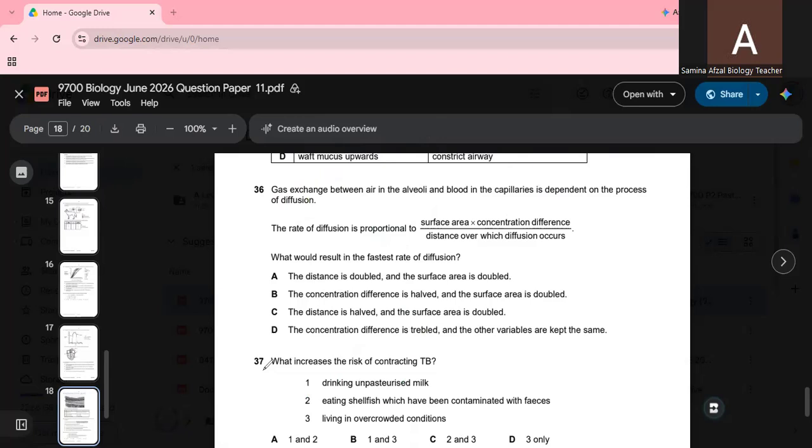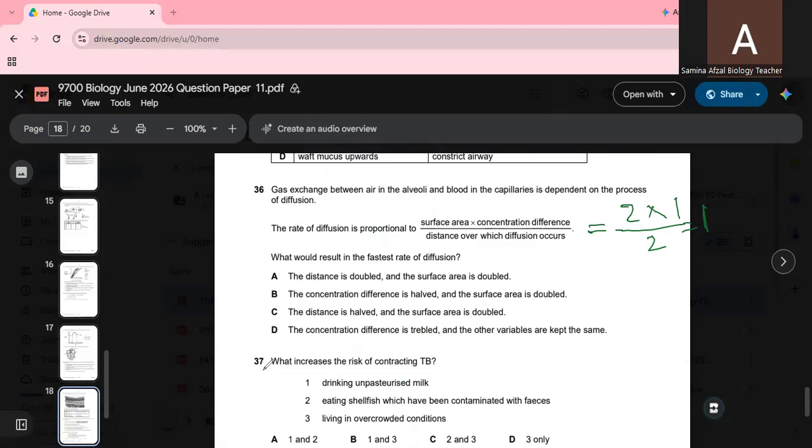What would result in the fastest rate of diffusion? So they have given four options. The first option is the distance is doubled and the surface area is doubled. So the rate of diffusion is proportional to 2 times 1, concentration difference is 1, and this is divided by 2, so it is equal to 1.